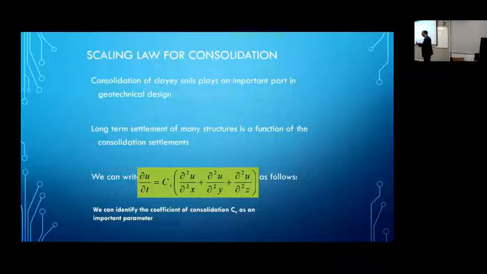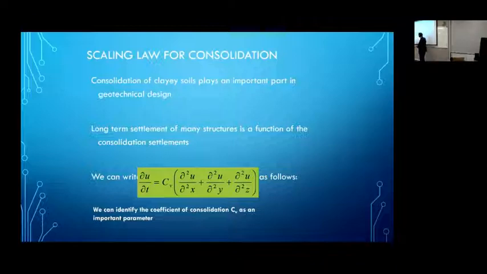And as you walk off the construction site, slowly over maybe the next 2, 3, 4 years, the water starts to move out and the whole soil layer starts to settle. So this may take 10 years, and that's a problem. But what we know is that the process of consolidation is basically a diffusion equation.